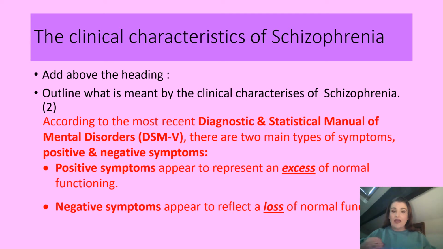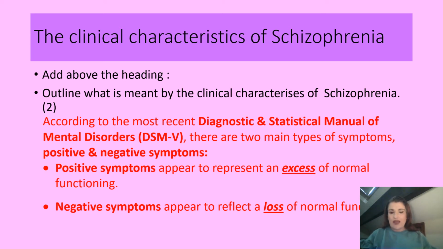Okay, now the Diagnostic and Statistical Manual of Mental Disorders, we're on the 5th version now. It's a manual which helps clinicians to diagnose a variety of different disorders, showing the symptoms and what they need to show to be diagnosed with a particular disorder.